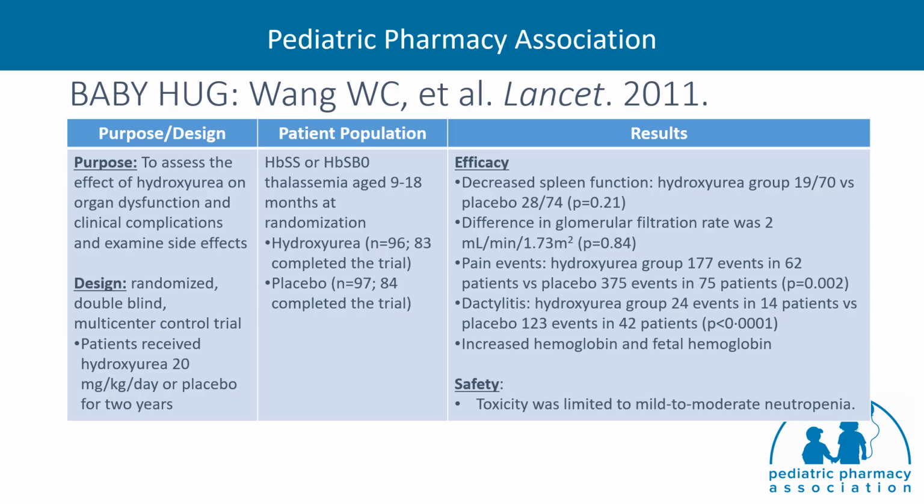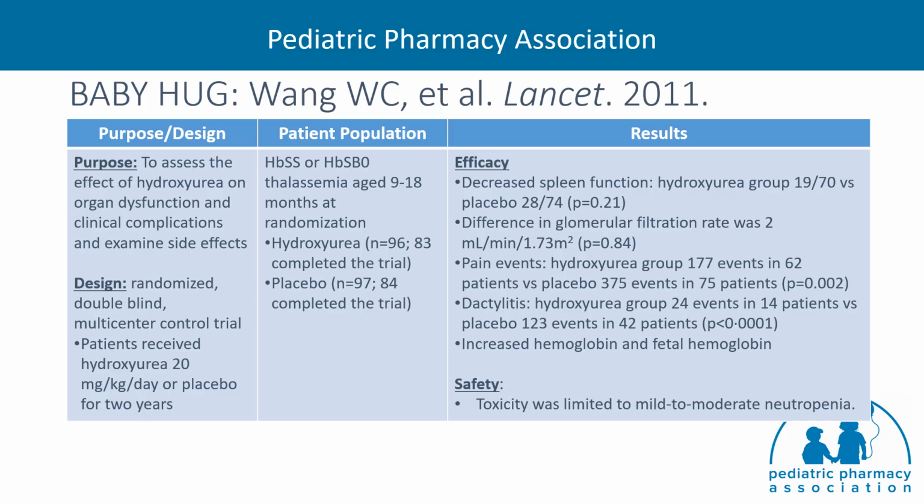And this was quite significant with a p-value of 0.002. That dactylitis that we see in our younger patients, the hydroxyurea group had 24 events in 14 patients compared to 123 events in 42 patients. And then we also saw increased hemoglobin and fetal hemoglobin for these patients.